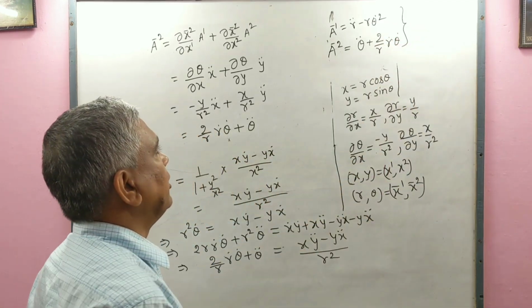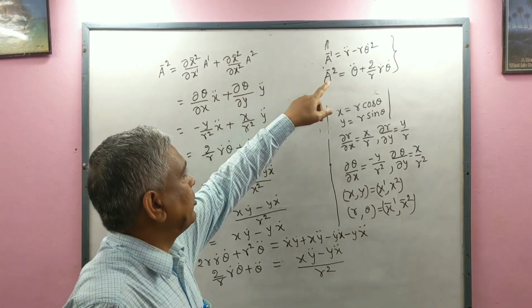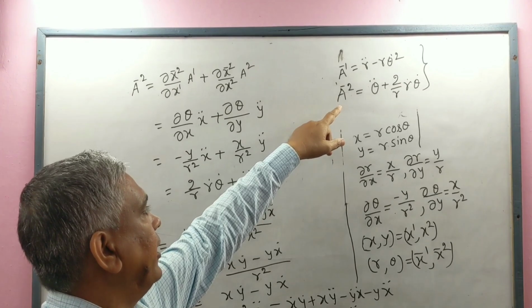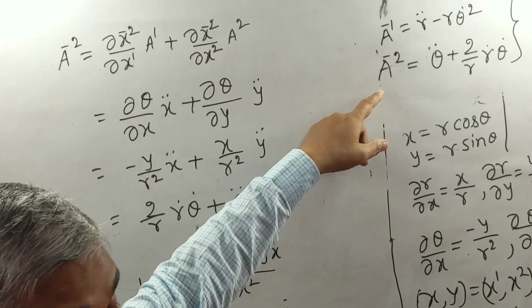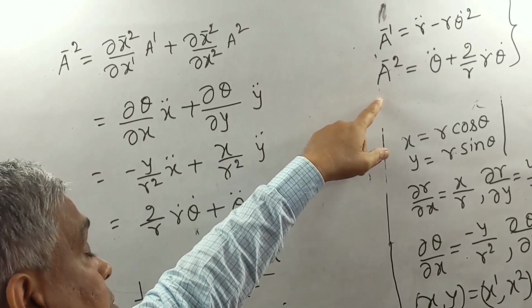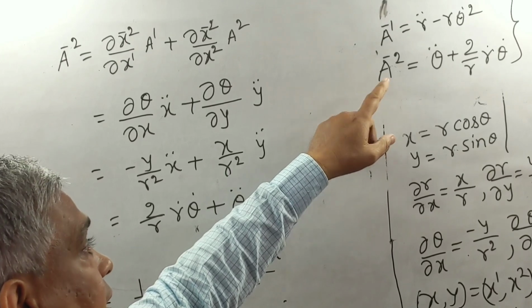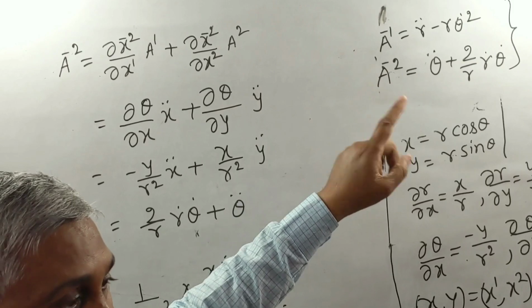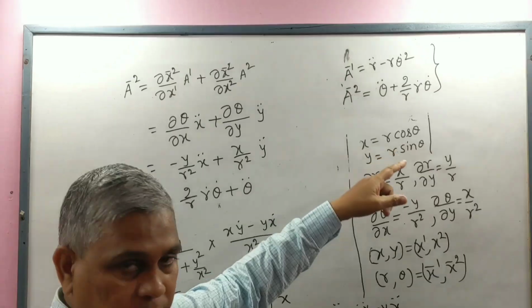These are the components of the contravariant vector in the x bar system of coordinates, that is, in the polar system of coordinates. So these are the corresponding quantities of x double dot and y double dot.